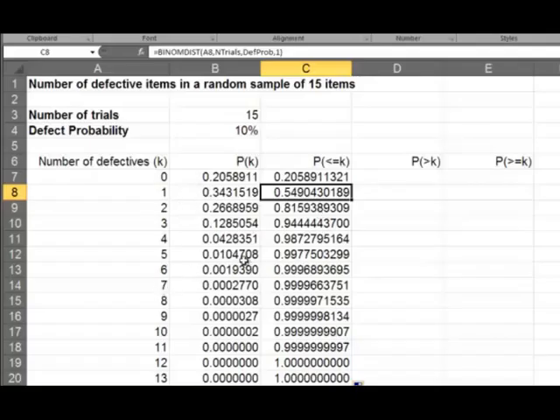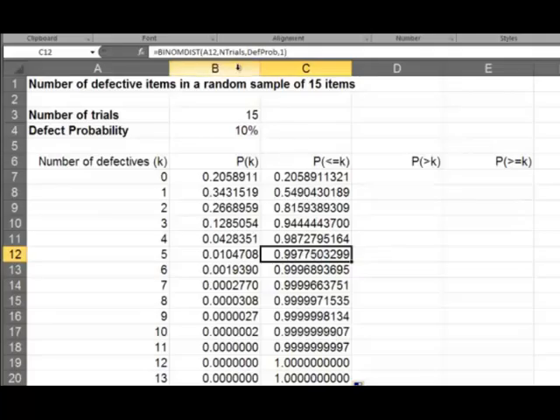If I get down, for example, to k equals 5, the cumulative probability is 0.9977503. That's the probability I've gotten by turning on my cumulative flag. So it should be the probability of getting 0 or 1 or 2 or 3 or 4 or 5. So I'm adding these probabilities together.